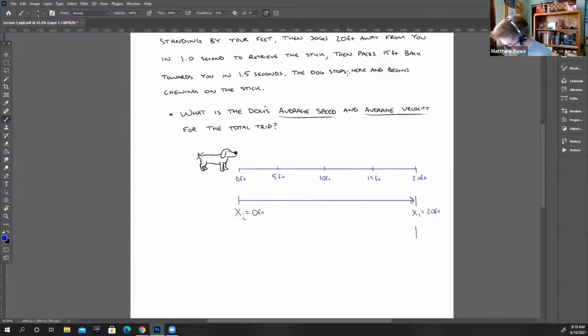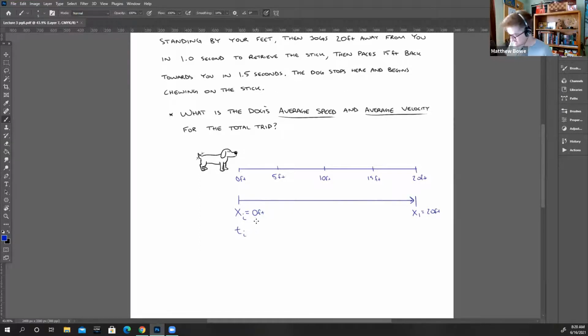Actually, before I do the next step, I want to say that we should also mark down the times that it's taking to do this trip. So usually right when we begin, we can also label the time.